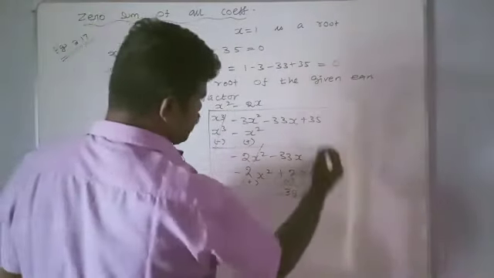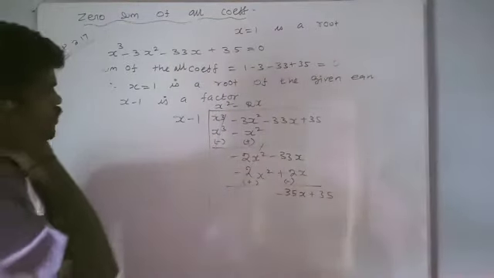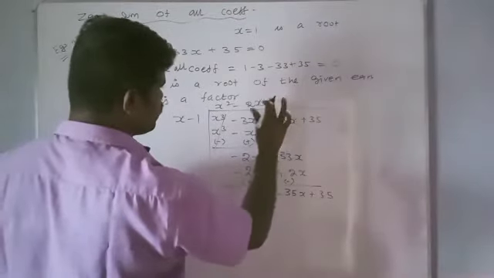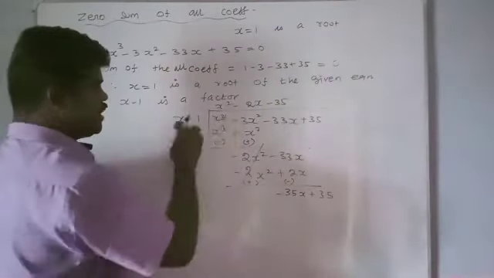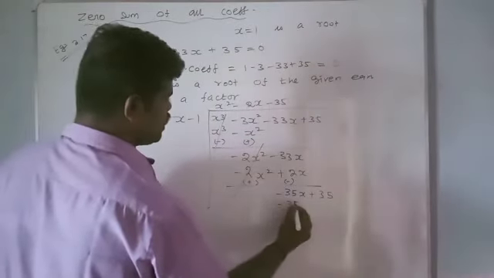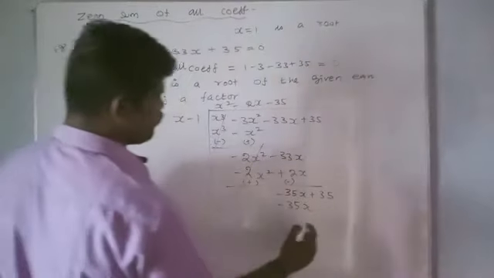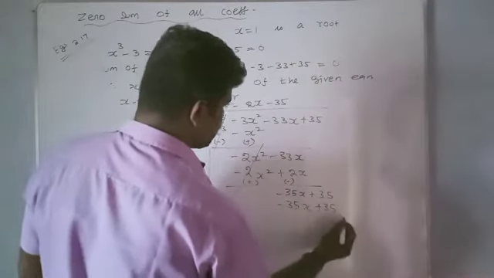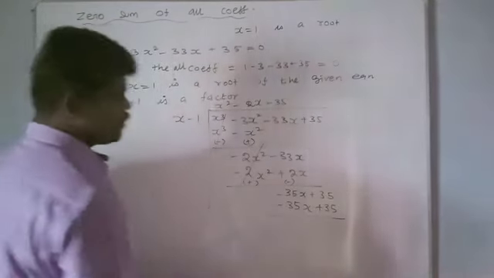And take 35 downward. So what is the value? Here minus 35. Multiply minus 35 by x minus 1: minus 35x plus 35.